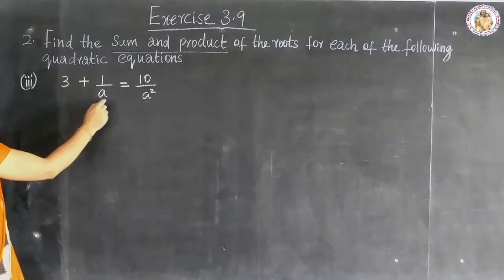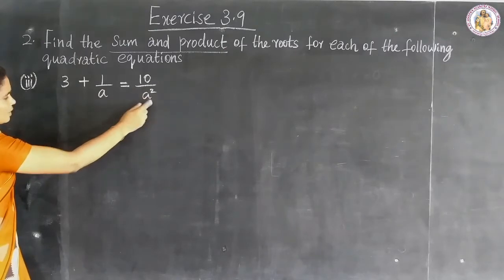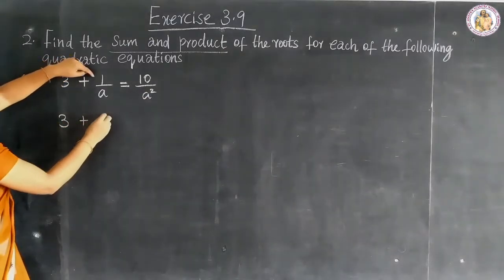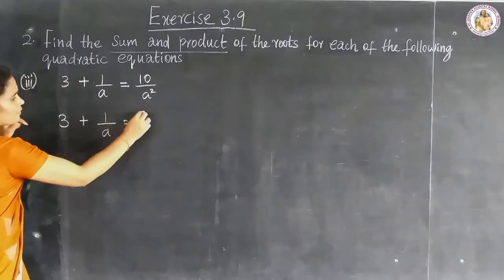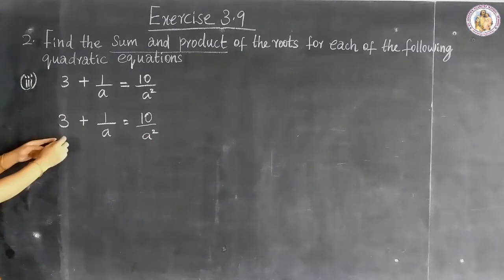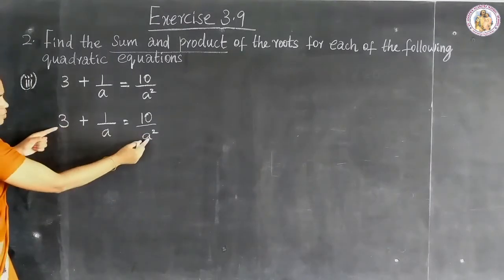Question number 3. 3 plus 1 by a is equal to 10 by a square. Now 3 is a whole number. To make all the terms even, multiply each term with a square.